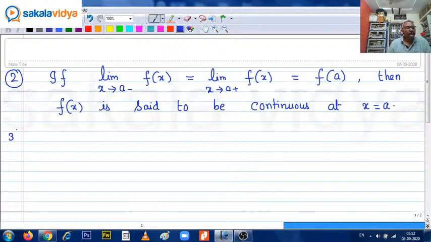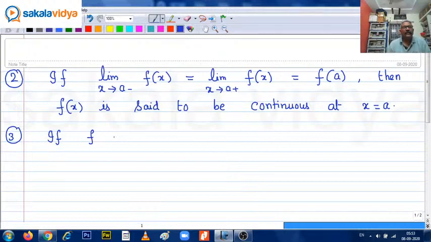Third point. That means if the left hand limit is equal to the right hand limit and equal to the value of the function at x is equal to a, then f of x is said to be continuous. Otherwise it is said to be discontinuous. Not continuous means discontinuous.